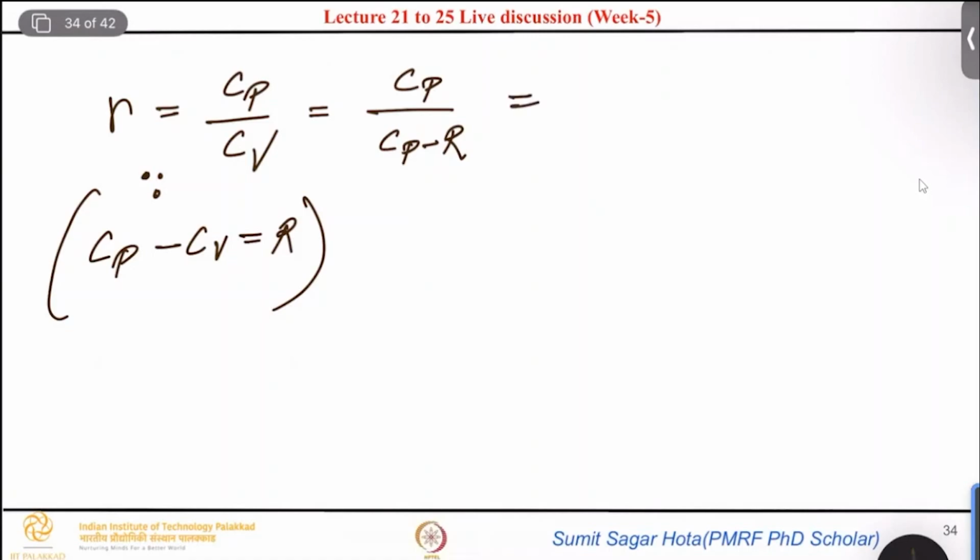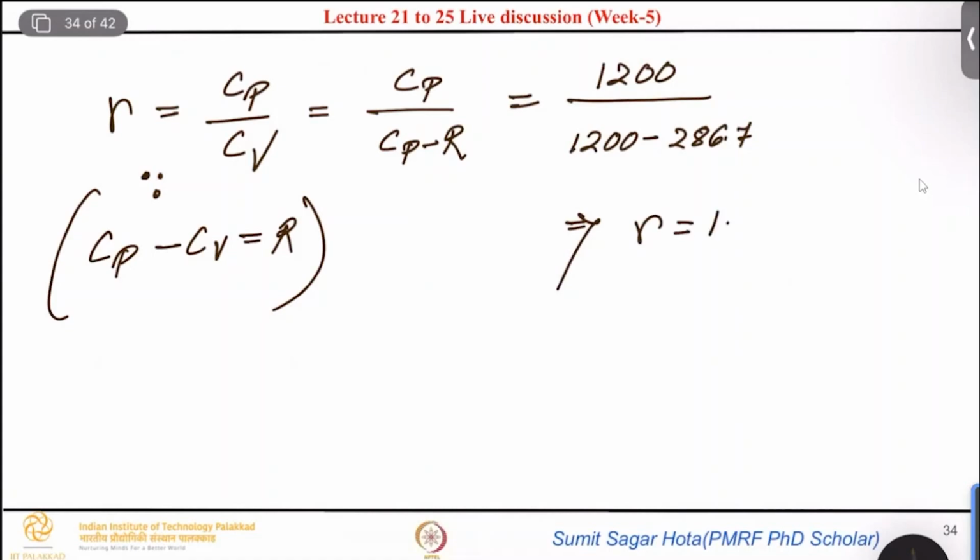So the value comes out to be 1200 divided by 1200 minus 286.7. Gamma is equal to 1.314.